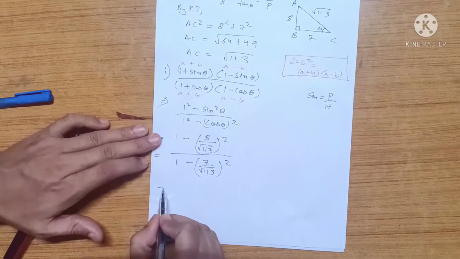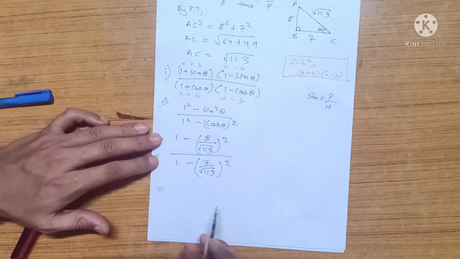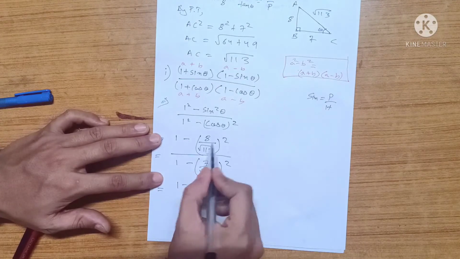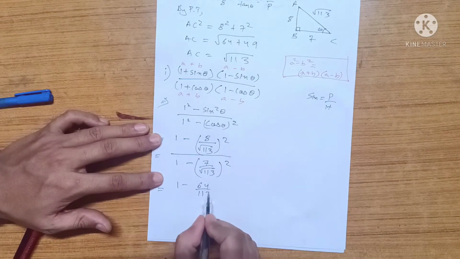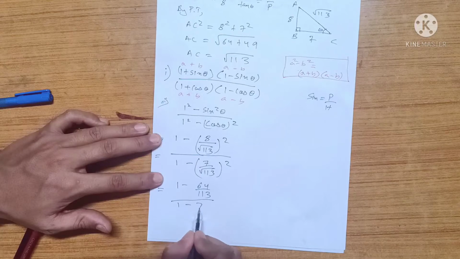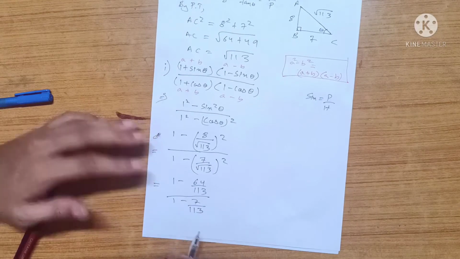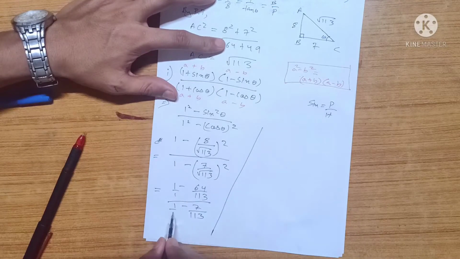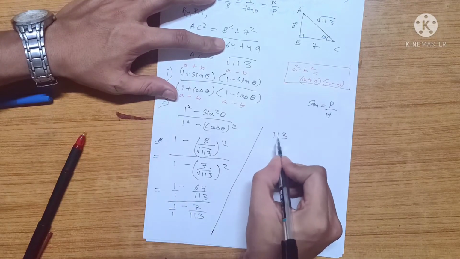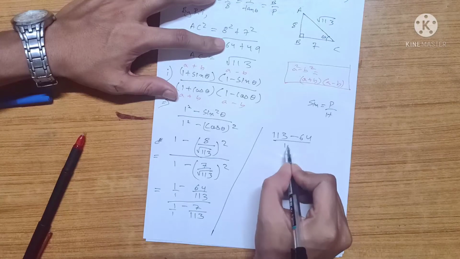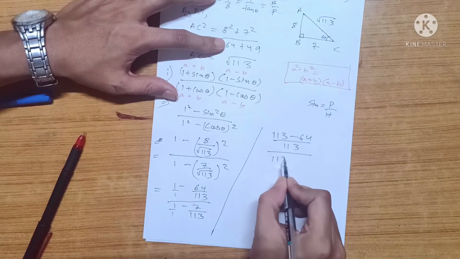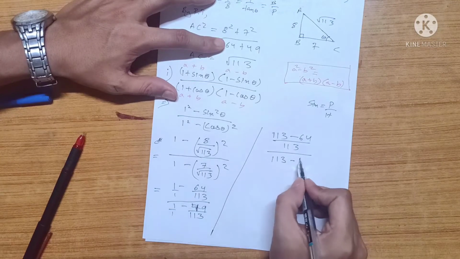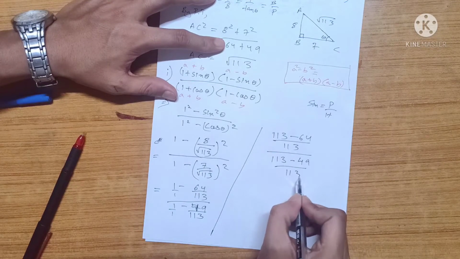Now that we're done with that, we don't need this anymore. So let's just solve this. If you square this, you'll get 64. Root and square cancel out always. I hope you know that by now. I've taught that many times. If I take the LCM here, 113 minus 64 by 113, minus, oh this is 49, sorry, 7 square is 49, 49 by 113.